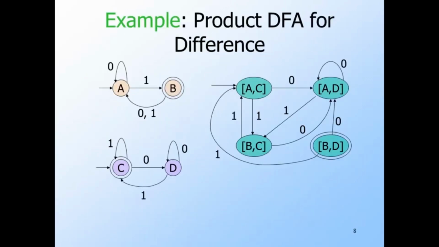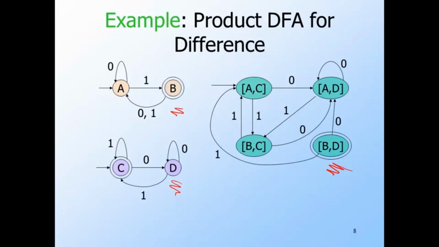Here's our favorite product automaton again. This time, BD is the only final state, because B is the only final state of the orange automaton, and D is the only non-final state of the purple automaton. Notice that the final state BD is not reachable from the start state, so this version of the product automaton accepts the empty language.